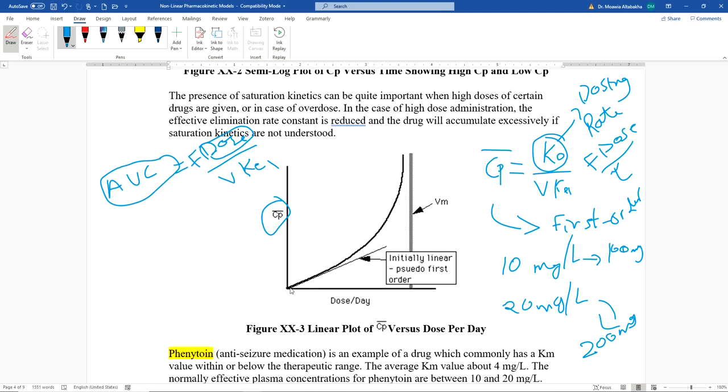This will be only at low doses. As you increase the doses, the AUC will start to increase in a non-proportional way, more than what I expect. If this happens, it means I have non-linear pharmacokinetics. And as you remember, we were talking specifically about dose or concentration dependent pharmacokinetics.